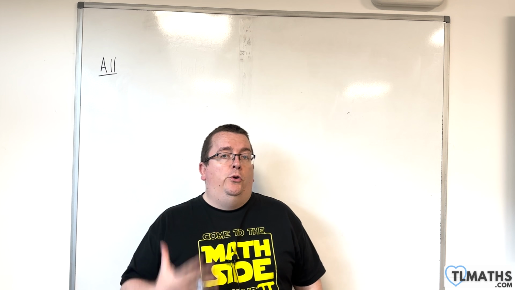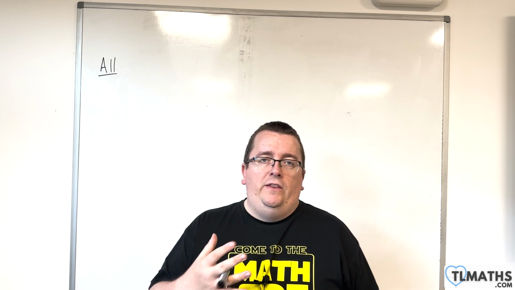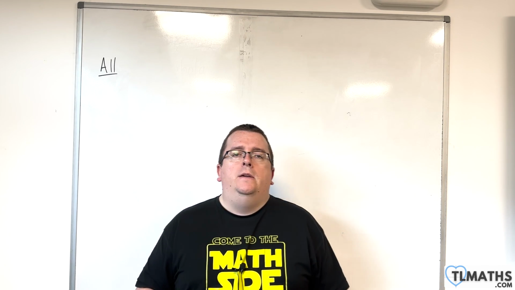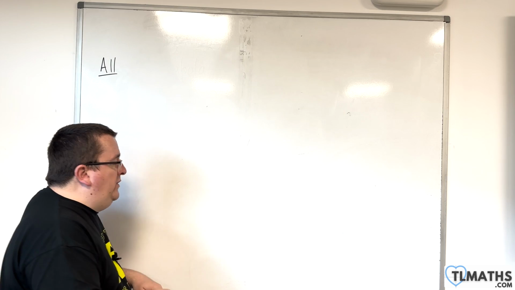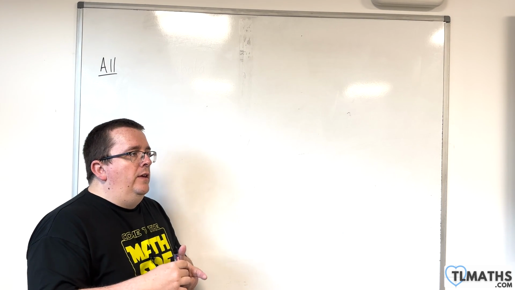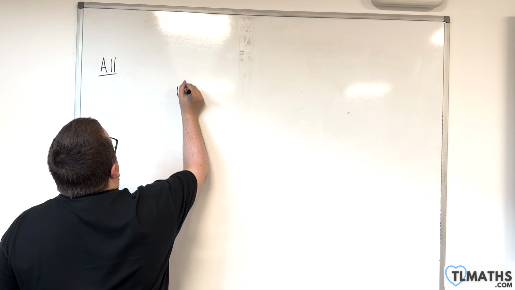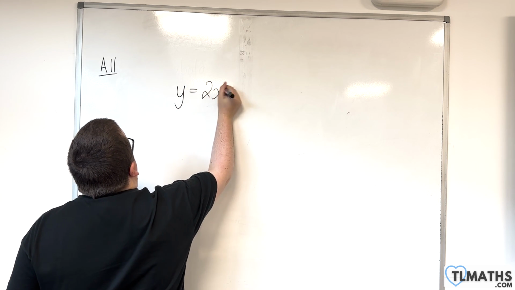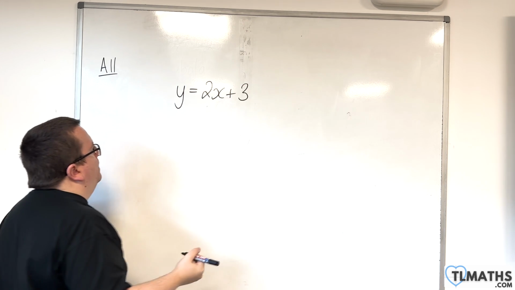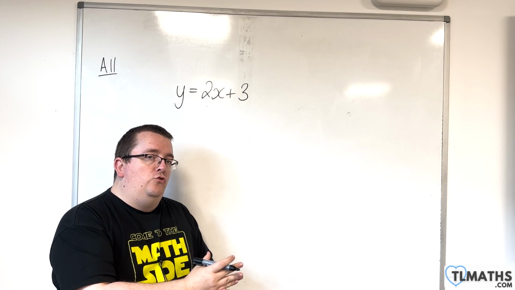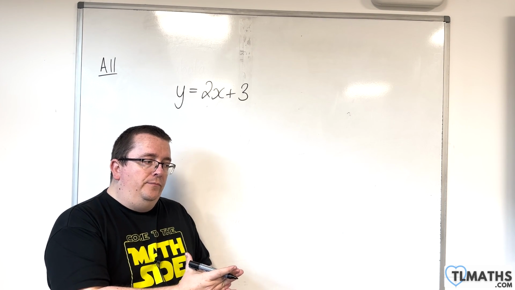So in this video I want to talk to you about finding the y-intercept of a quadratic curve. Now, when we were doing this with linear graphs, so straight line graphs, if you have y equals 2x plus 3, for example, then you should be able to identify where that's going to cross the y-axis.